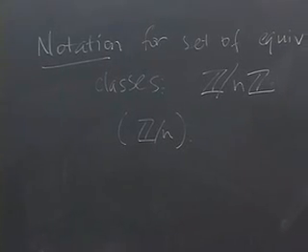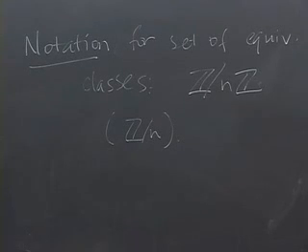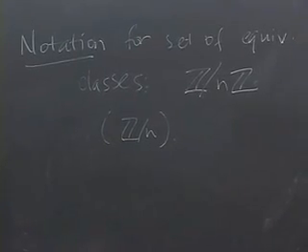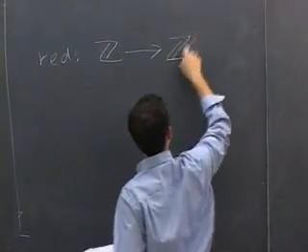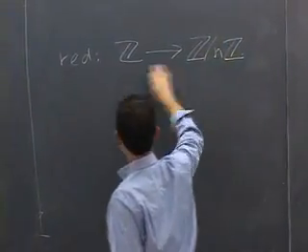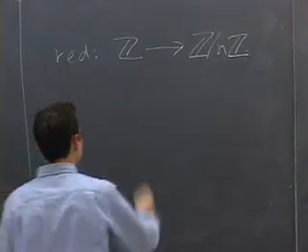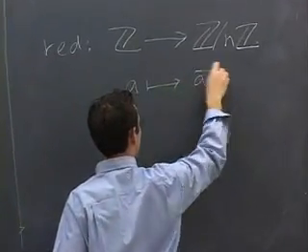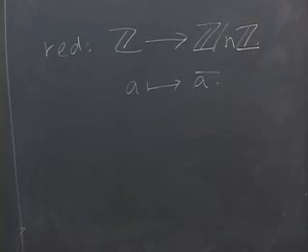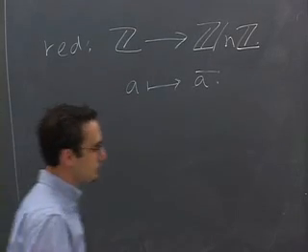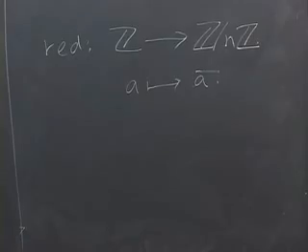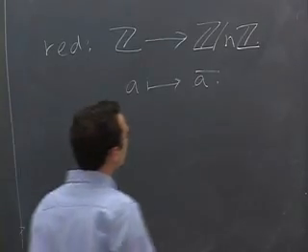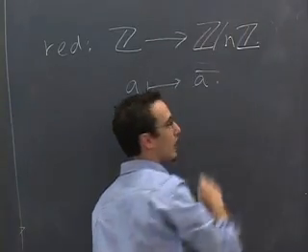So what next? Again, following what we saw last time vis-a-vis equivalence relations, there is a natural map from Z to Z mod nZ that takes a to its equivalence class, and the fibers are the equivalence classes themselves. But what we're about to do is put some additional structure on Z mod nZ.